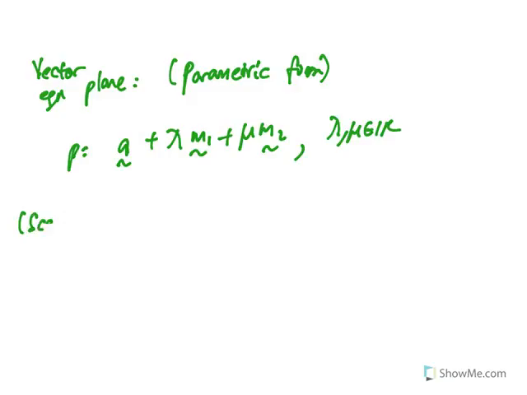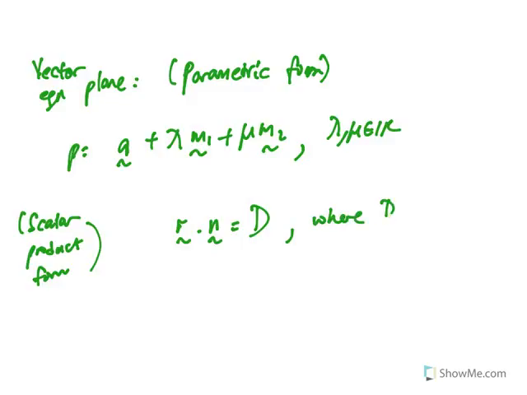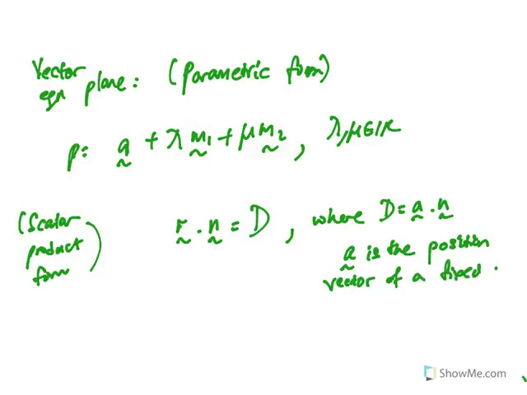The second one, I can have in scalar product form: R dot product with n equals D, where D equals A dot n, and A is the position vector of a fixed point A on the plane. So in total there are three ways.